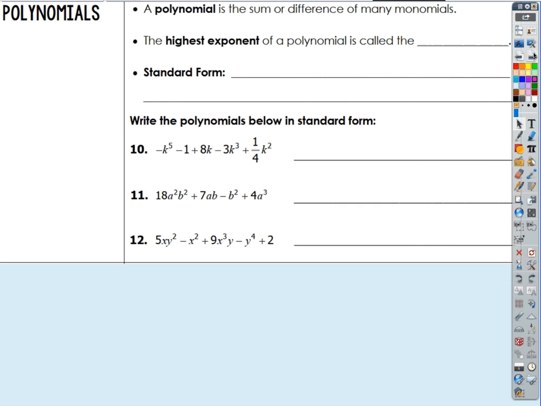So polynomials. Let's just talk about what a polynomial means. So a polynomial is a sum or difference of many monomials. Poly means many, right? The highest exponent of a polynomial is called the degree.